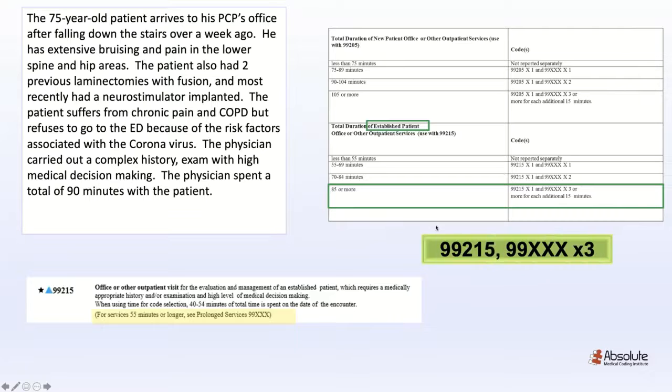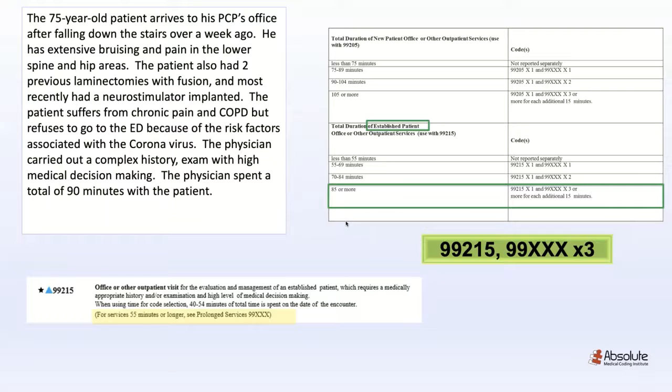And or more will be determined by the number of units that are 15 minutes or more. So since we have 90 minutes, we only have 5 additional minutes and no further coding of 99XXX is necessary. Okay, so experts, if you said 99215 and 99XXX times 3, outstanding.